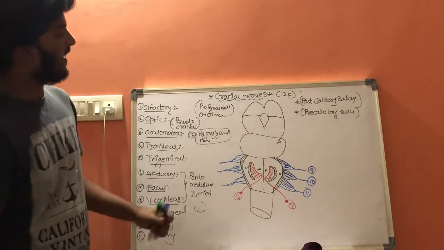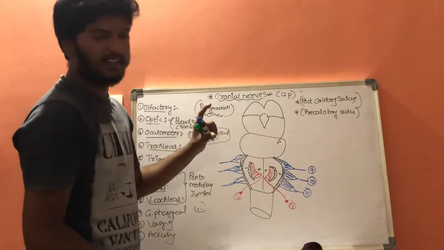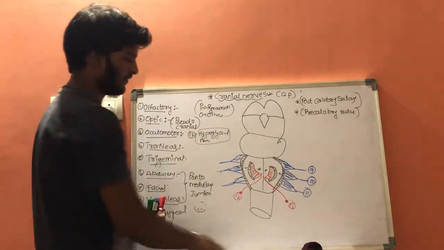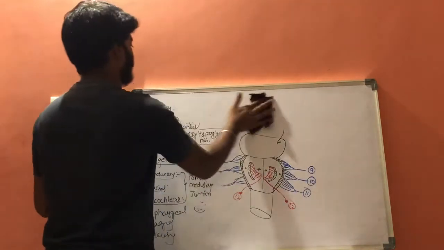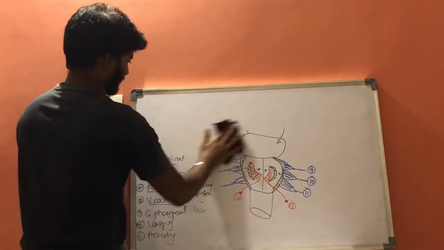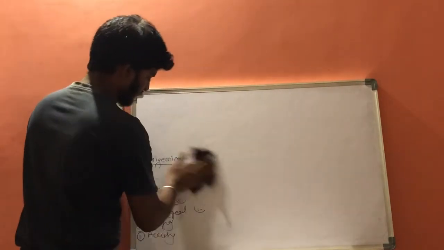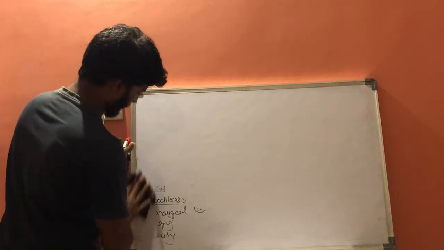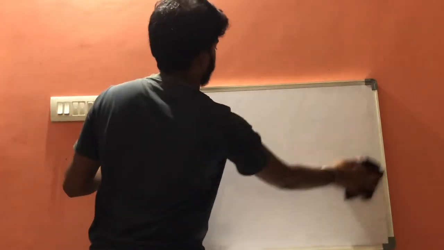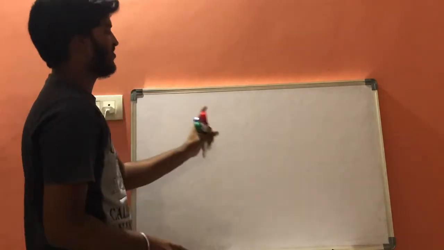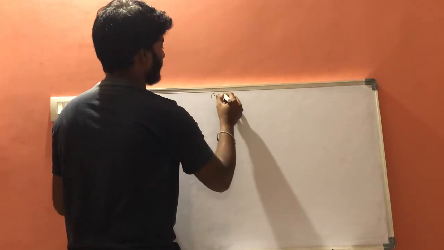Now, let us discuss how they are situated inside the skull. How are they situated in the skull? These are cranial nerves.